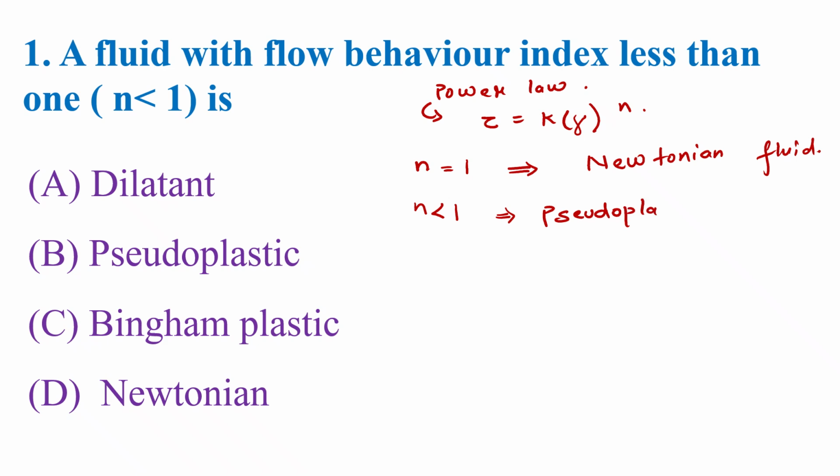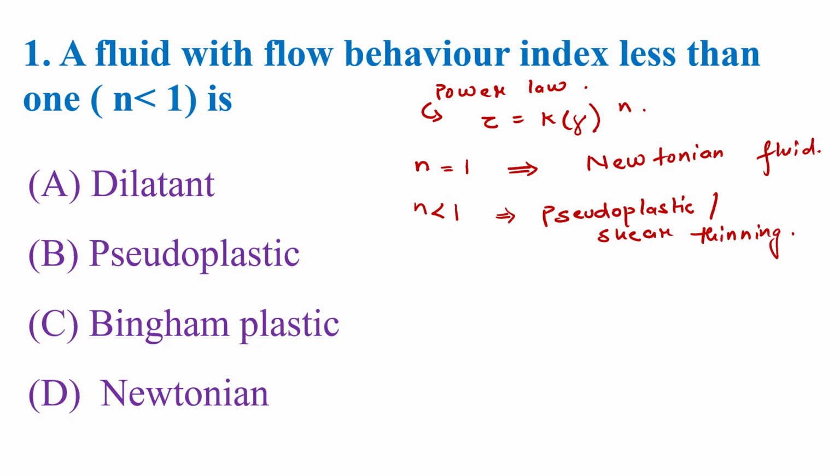It means as we increase the shear rate, the viscosity will decrease, like ketchup, blood, yogurts, paints. That's why ketchup will flow more easily when we shake the bottles, right?